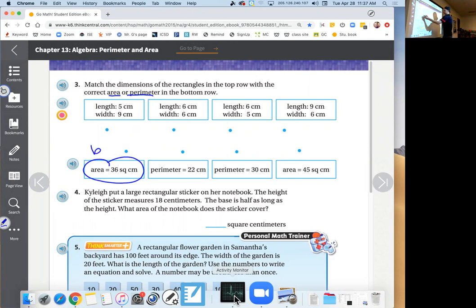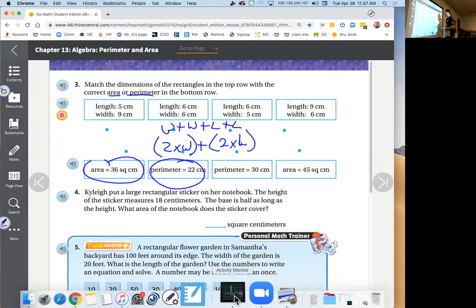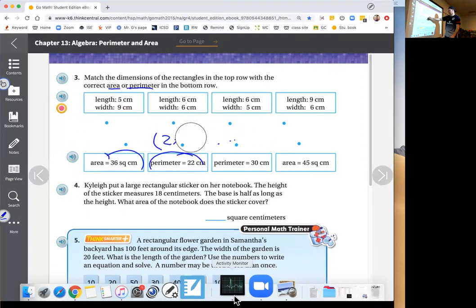Remember, base times height, width times length, it's the exact same thing. But for perimeter, remember, you've got to add all the sides up. You could go 2 times width plus 2 times the length, or you can do width plus width plus length plus length. Either way, just match those up.